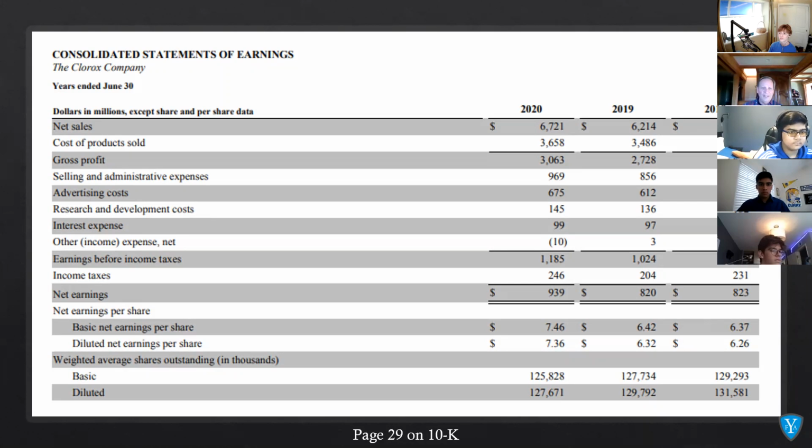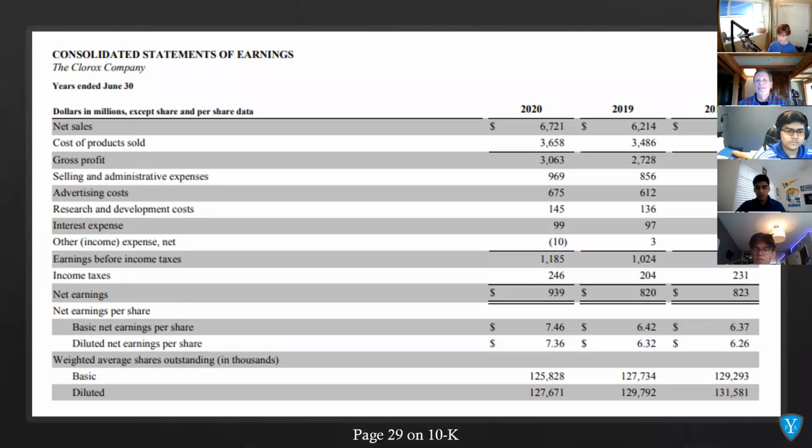The second thing is, you'll notice these numbers are only 4 digits. The Clorox Company certainly took in more than net sales of $6,721. And that's because there's no sense in going down to the last penny on these financial statements, because it's really the largest numbers in their results that are the most important.